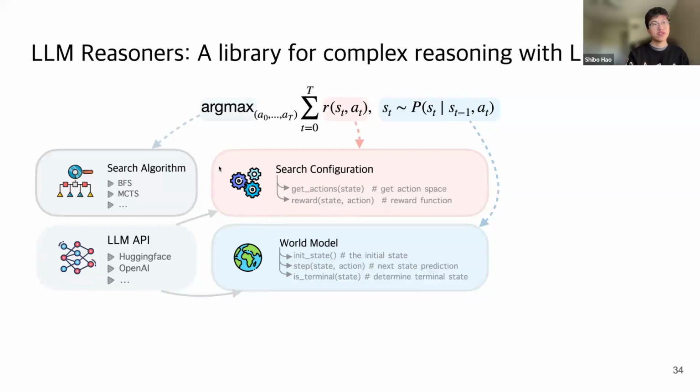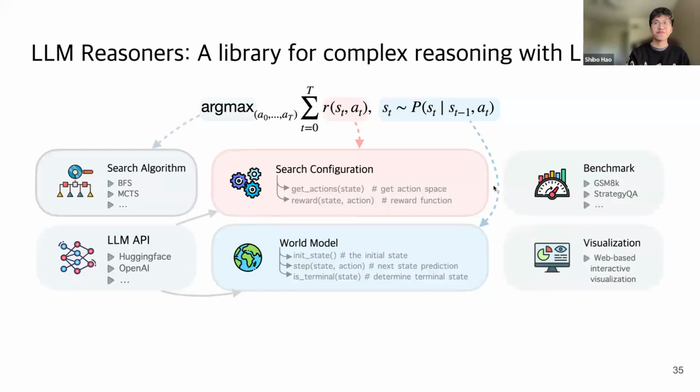So ideally, we can simply use the LLM API from here and define these functions. And there are also many other helper classes like benchmarks, and also the visualization tool, which I'll show later.